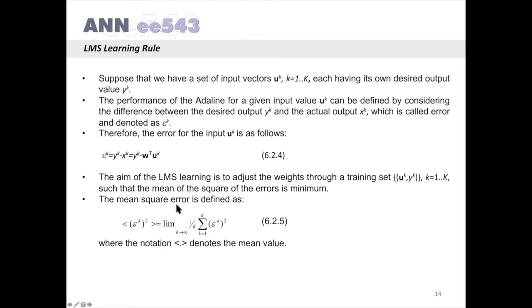The mean square error is defined as the mean of the square of the errors, which is the limit as K goes to infinity of 1 divided by K, sum over k from 1 to capital K, of epsilon_k squared for each pattern, where this notation denotes the mean value.